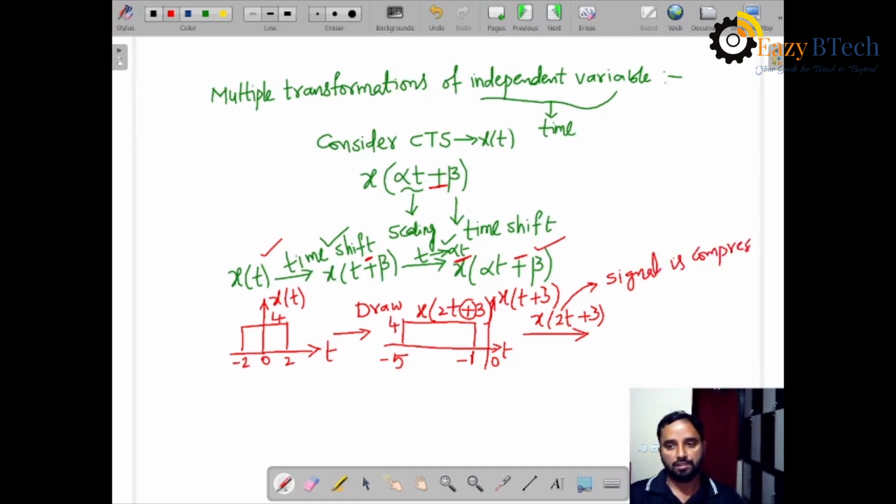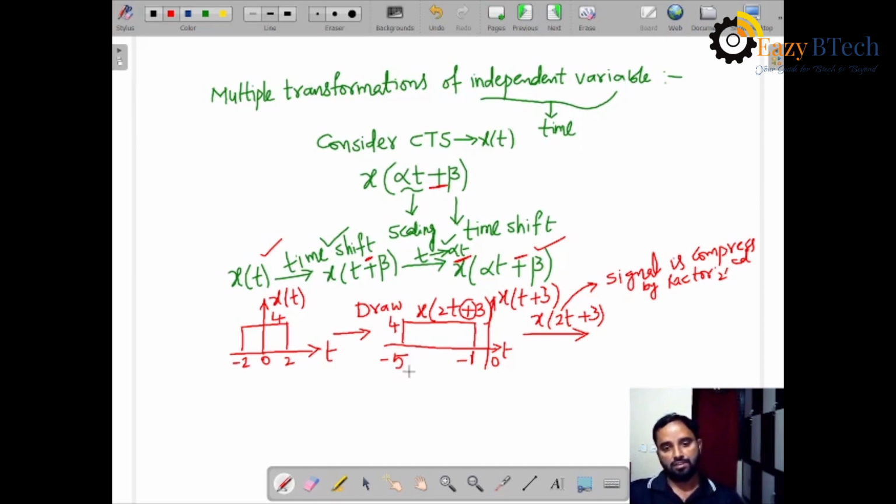How to plot a signal compressed by factor 2? We need to divide the time instants by 2. That is the meaning of signal compression.